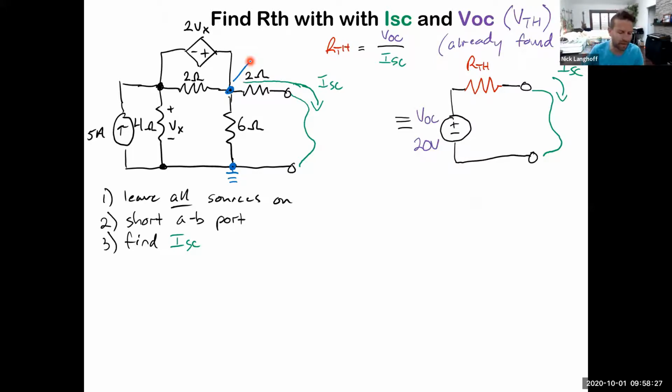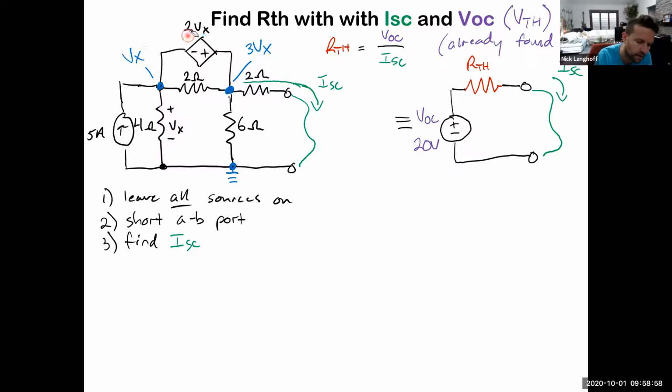So we need to know that node voltage. I'm going to label these nodes again. This is Vx with respect to ground, just like we did last session. This then is 3Vx, because if this is Vx here, and there's a plus 2Vx across that dependent source, then doing a mini KVL, this node must be 3Vx. It's 2Vx higher than the Vx node here.